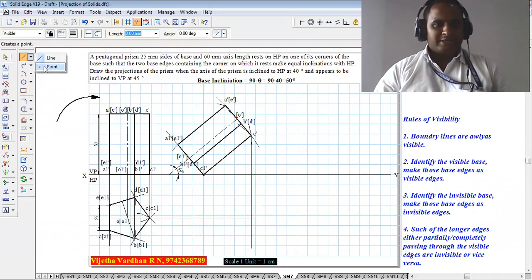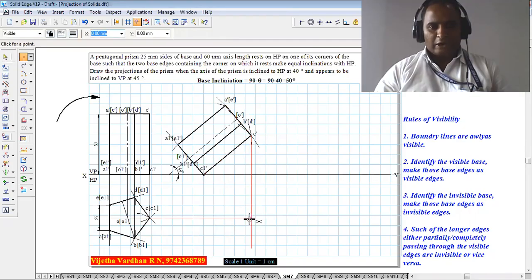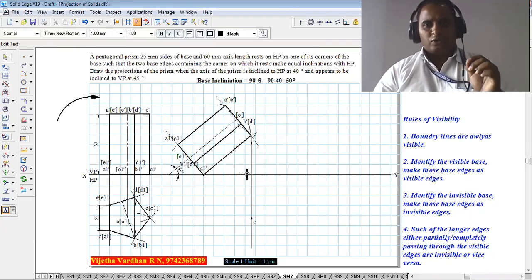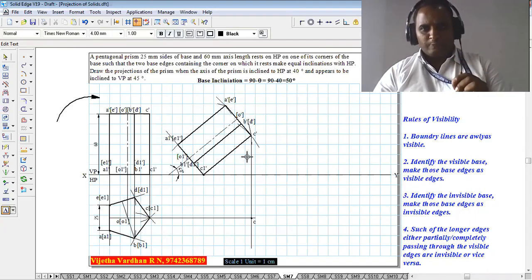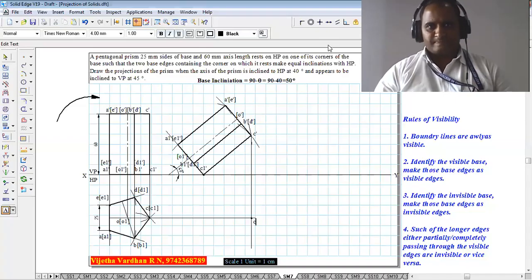The intersection point is going to be marked as the corner C. Now in the same fashion, we have to get the position of A, B, D, E, O, also A1, B1, C1, D1, E1 and O1. To save time, I am going to pause the video, then I am going to show you the complete projectors.